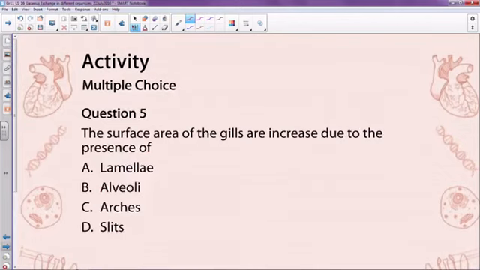Question 5. The surface area of the gills is increased due to the presence of A, lamellae, B, alveoli, C, arches, or D, slits. So guys, 5 questions. I'll give you 2 minutes to work through these, and then I'll see you at the end of 2 minutes with the answers.